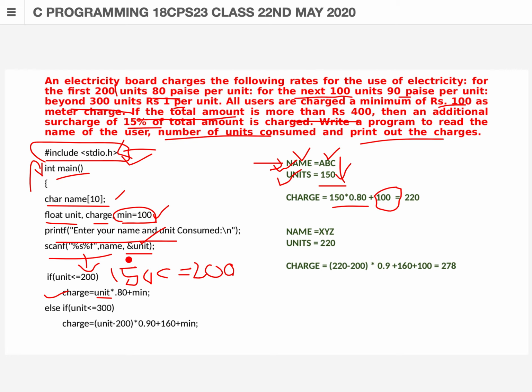Here we have taken an example of 150 units consumed. 150 into 0.8 gives 120, so 120 rupees is charged plus the minimum amount of 100. When 150 units are consumed, the total amount will be displayed as 220.